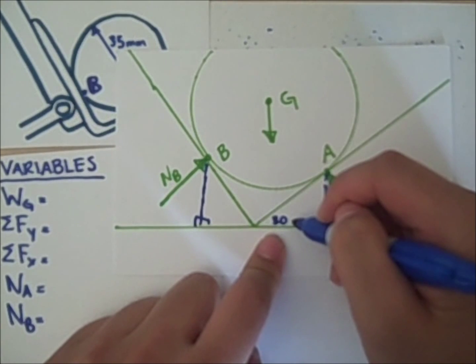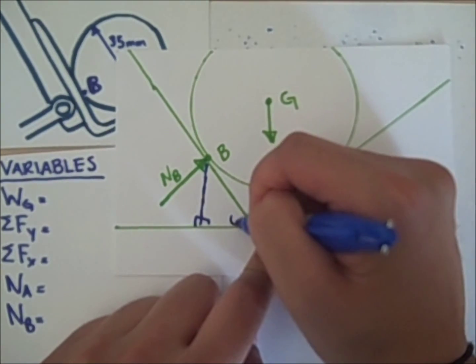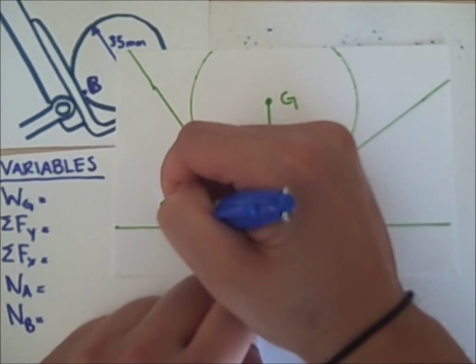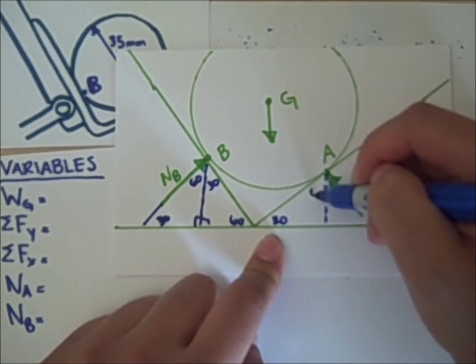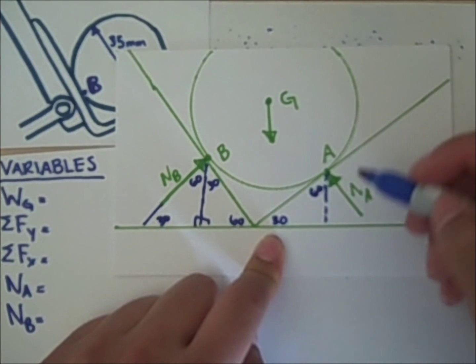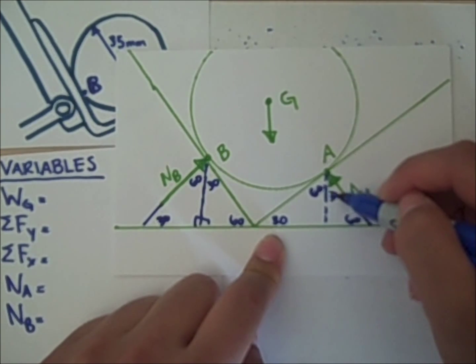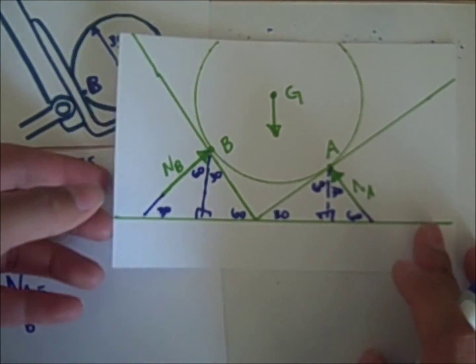So since this is 30, this is going to be 90 minus 30, which is 60. This is 30, this is 60, and that means this is 60 over here, this is 30 over here.